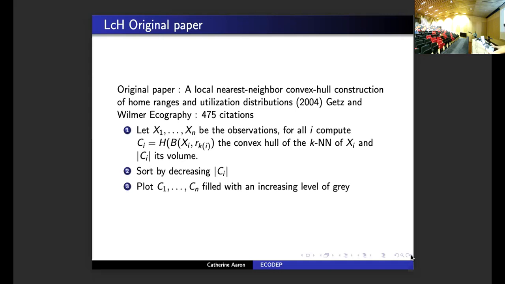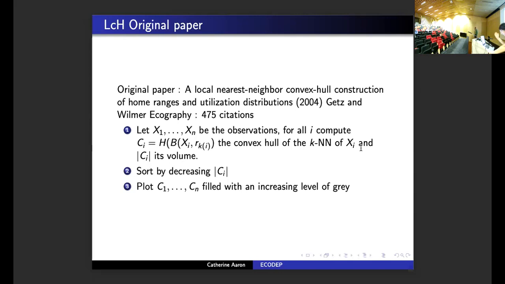They say, we observe points in R^d. Let's call them X_i, not original at all. And for all i, let's compute the convex hull of the k nearest neighbors of the point X_i.